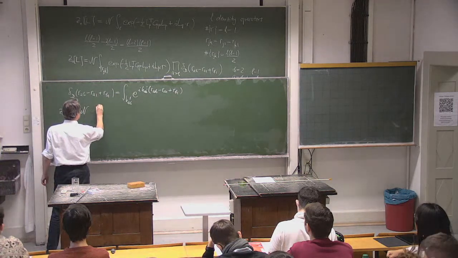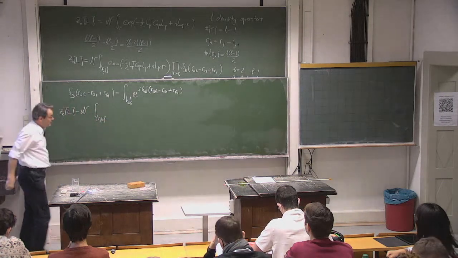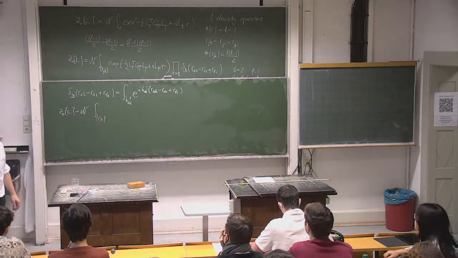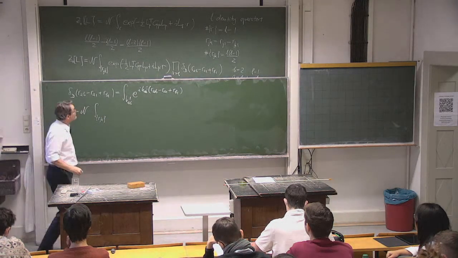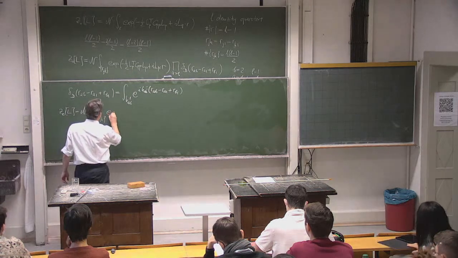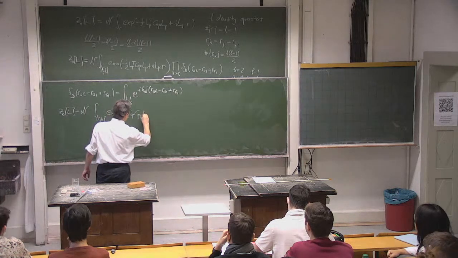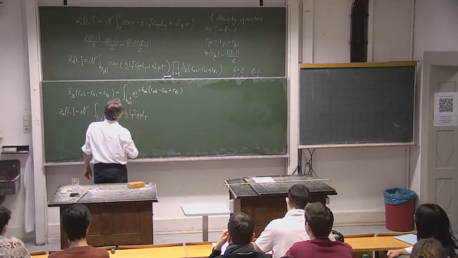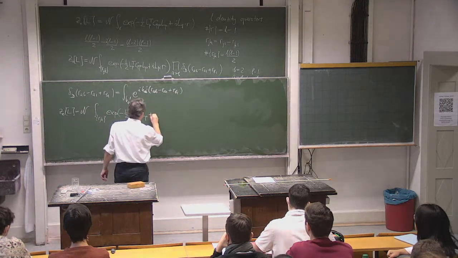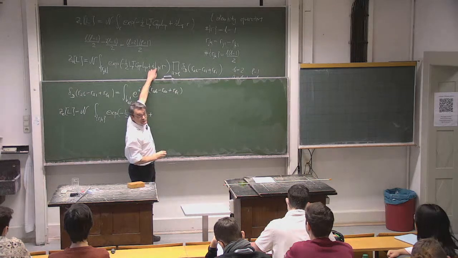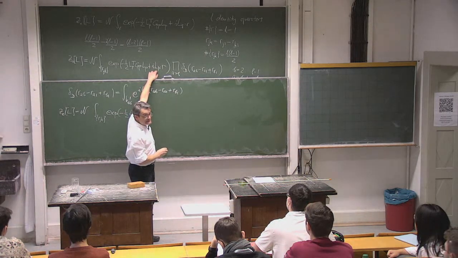Now I'm integrating over the whole set of relative particle coordinates. The Gaussian part. Then I have relative particle coordinates already here. Now let me write this out.